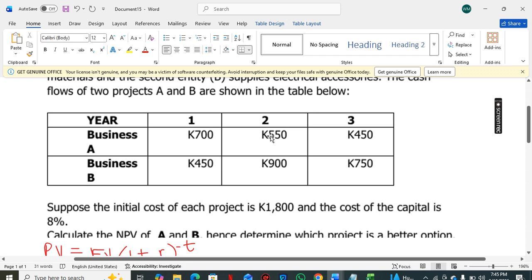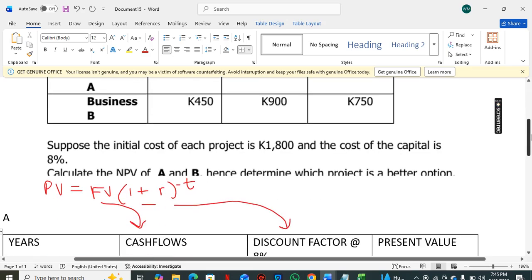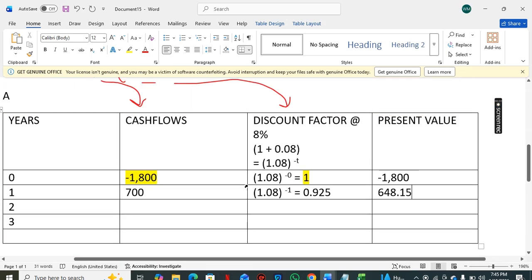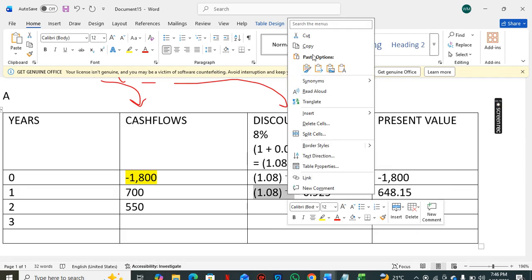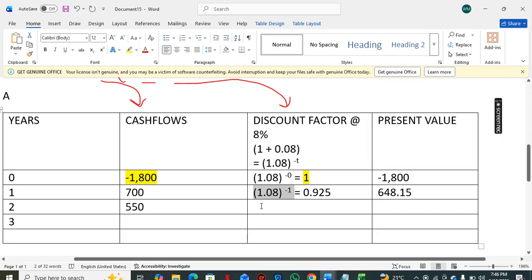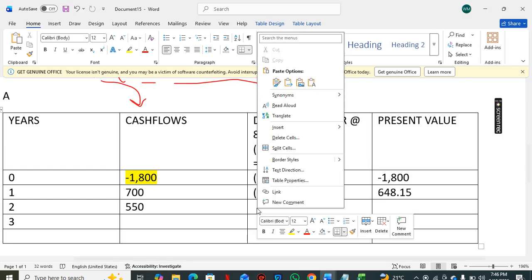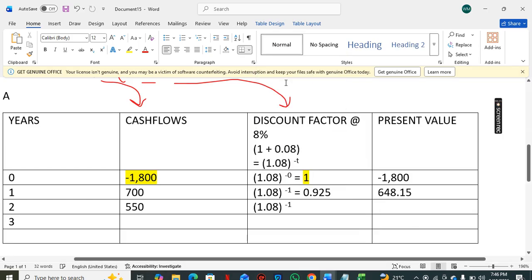Year 2, cash flow 550 kwacha. You're going to put the power negative 2.